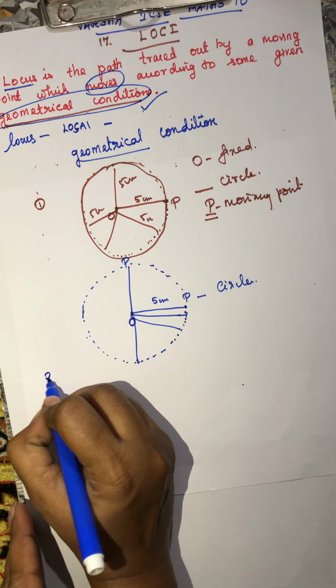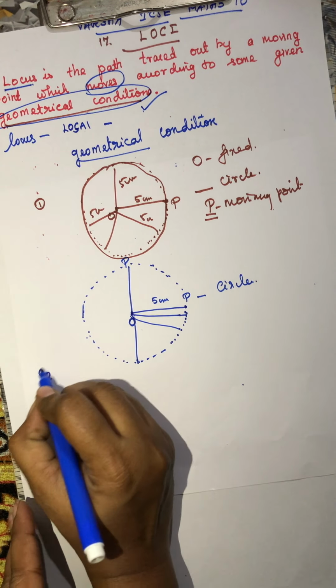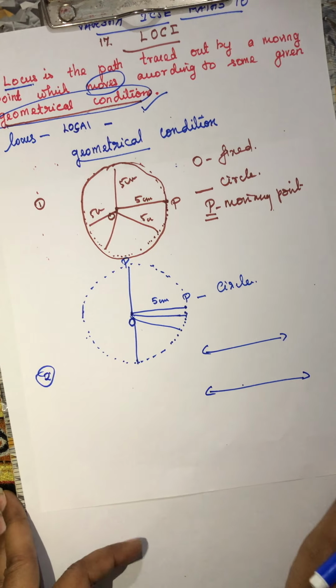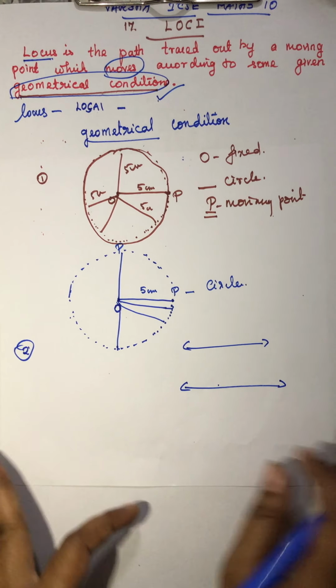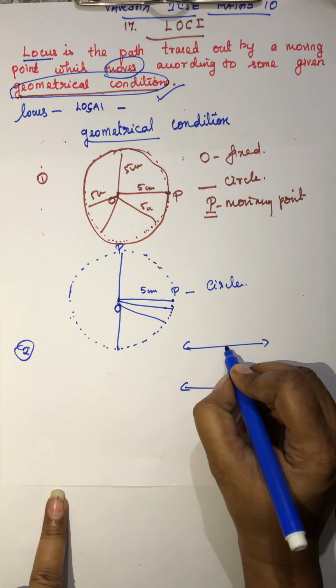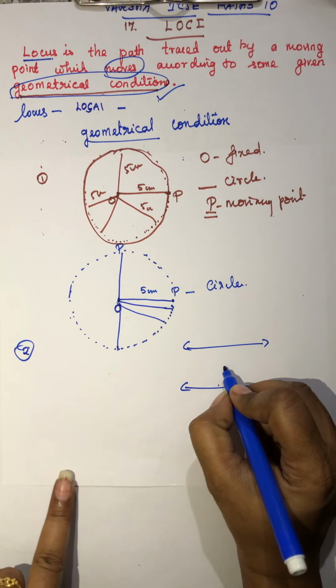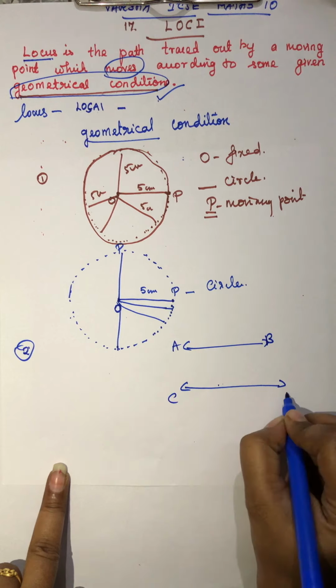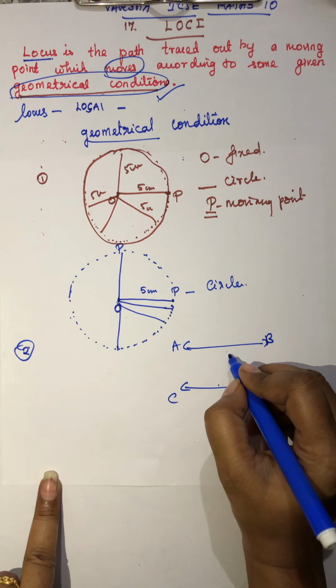Say kids, we have parallel lines. Let me take AB and CD. In this condition, a point is at equal distance from both of the lines. Let me take a point P at equal distance from the two lines, and again another point P at equal distance.